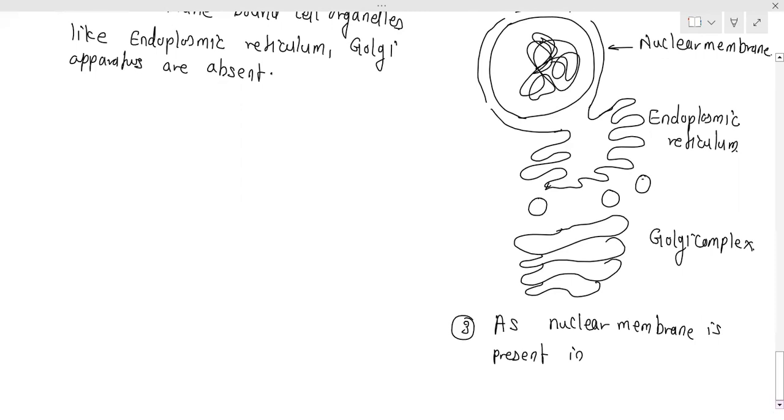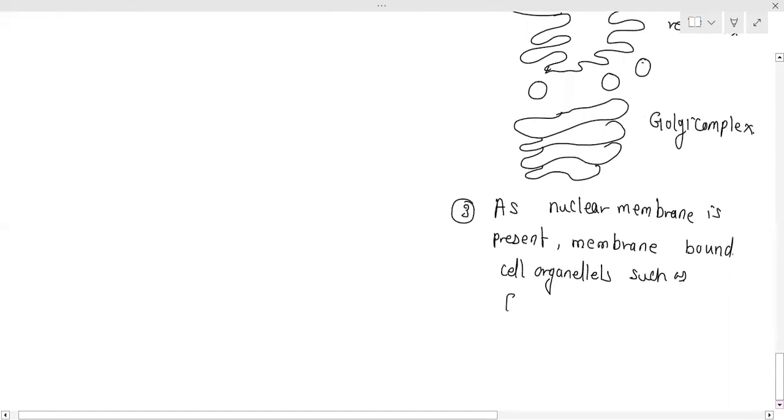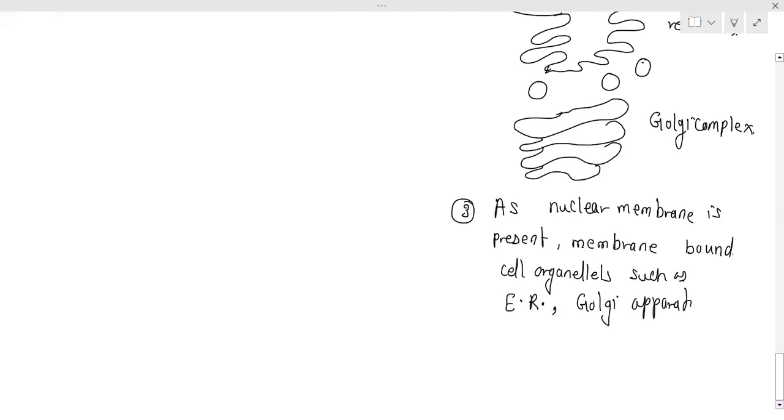As nuclear membrane is present, membrane bound cell organelles such as ER, ER means endoplasmic reticulum, Golgi complex, Golgi apparatus, and the same thing, mitochondria, etc. are present.